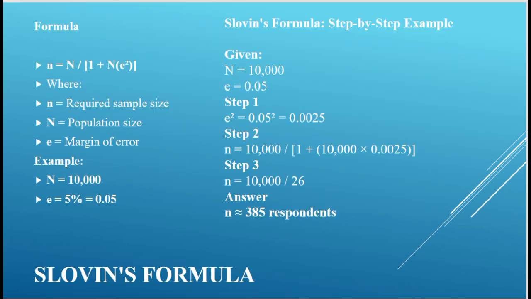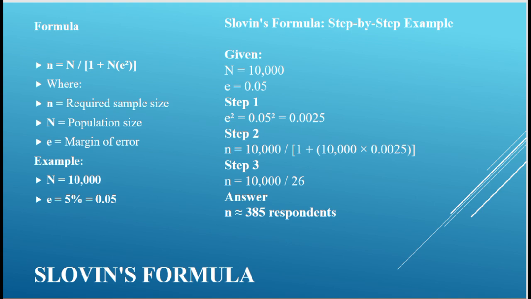Let's begin with Slovin's formula. The formula is n equals N divided by 1 plus N multiplied by e squared. Here n represents the required sample size. Capital N represents the total population size and e represents the margin of error, which must be expressed as a decimal.